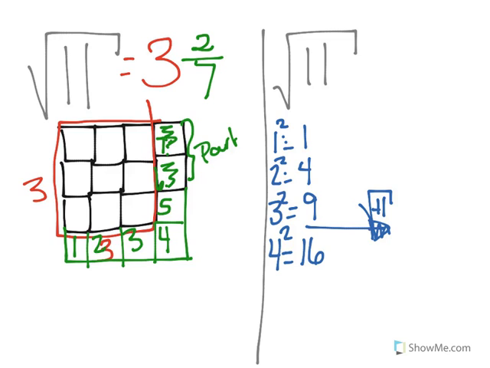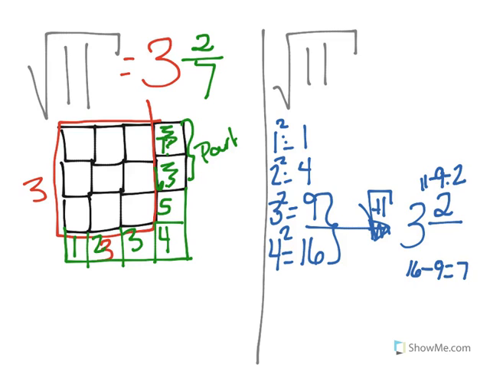So my whole number is 3. And my remainder is 11 minus 9 equals 2. And my denominator is 16 minus 9, the whole in between, which is 7. So the square root of 11 is 3 2/7.